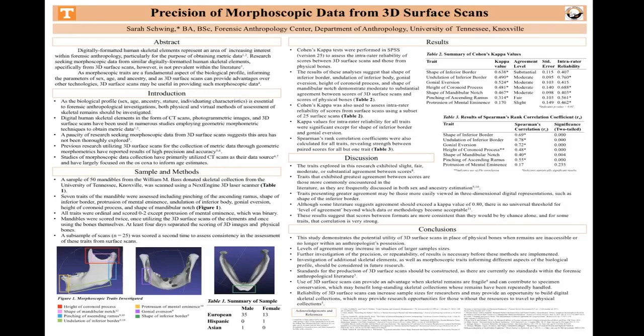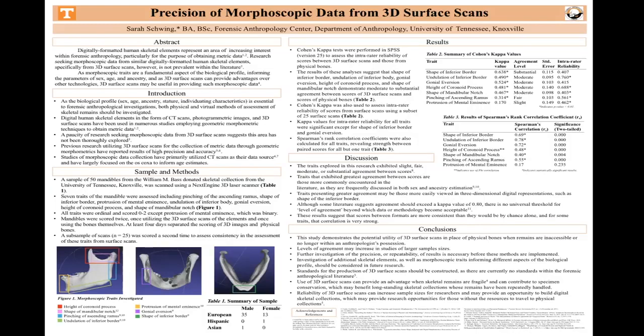In a nutshell, forensic anthropology is the identification of skeletonized human remains, and how we go about identifying these remains is by constructing what's called a biological profile. This biological profile consists of a couple of different parameters, and those include age, sex, ancestry, stature, or living height of the individual, and any individuating characteristics that might help lead to a positive identification.